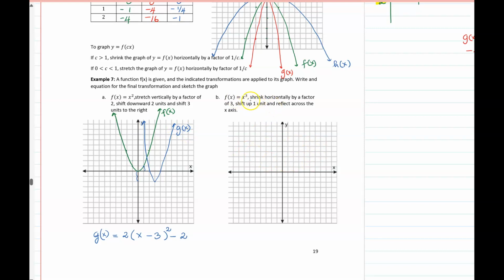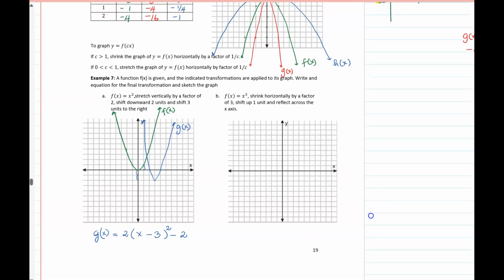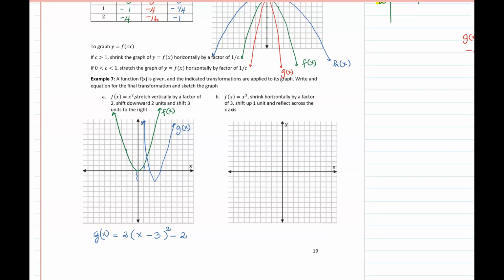Next one, x to the third, shrink horizontally by a factor of 3. So when you shrink horizontally, that c value is greater than 1. So by a factor of 3, compare here: shrink the graph by a factor of 1 over c.